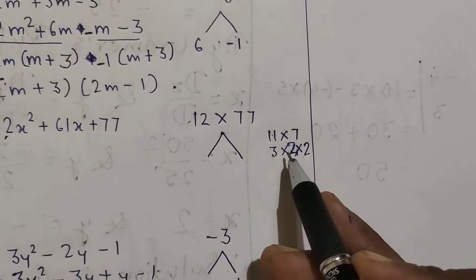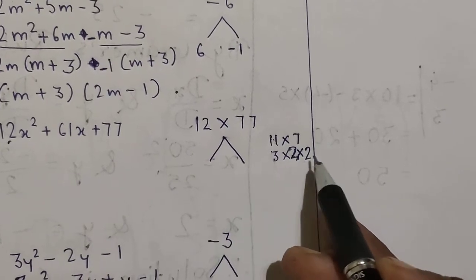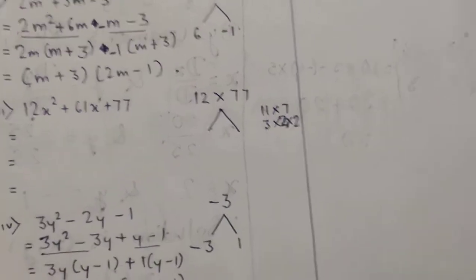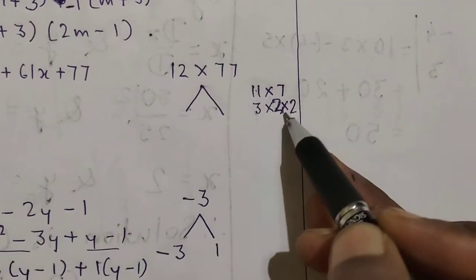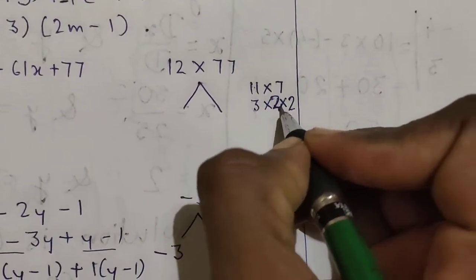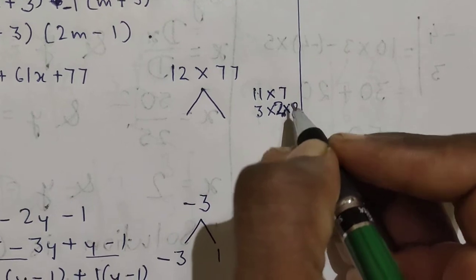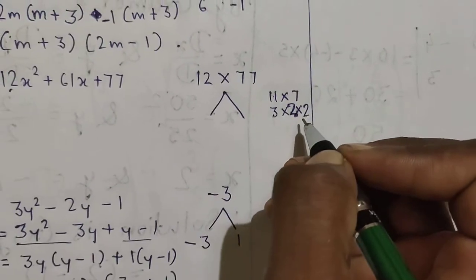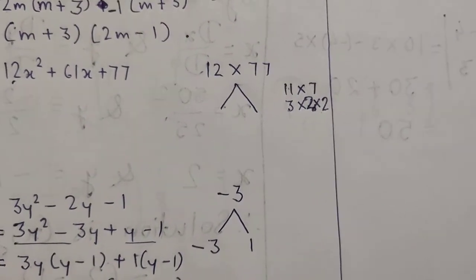Suppose I am taking 11 into 2 is 22, into 2 is 44, and 21. No, 44 and 21 is not possible. Let us try to make two parts. Let me try and I will tell you.